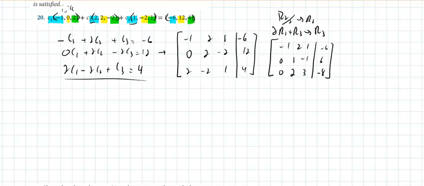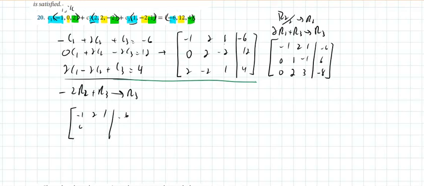And now if I take negative twice row 2 plus row 3 in row 3, I'll be looking at 0. Negative 2 plus 2 is 0. Negative 2 times 1 is negative 2. That's a 5. And if I multiply this by negative 2, that's negative 12. That's negative 20. That means C3 equals negative 4.